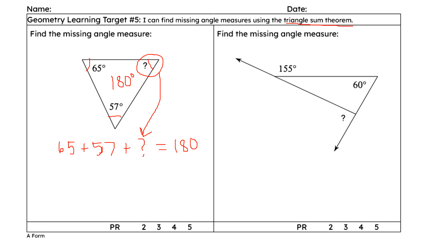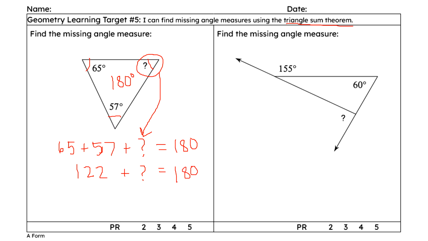So let's see what 65 and 57 add up to so far. That adds up to a total of 122 degrees. So far we've got 122 out of the 180 covered. What does that third measurement have to be to give you a total of 180?